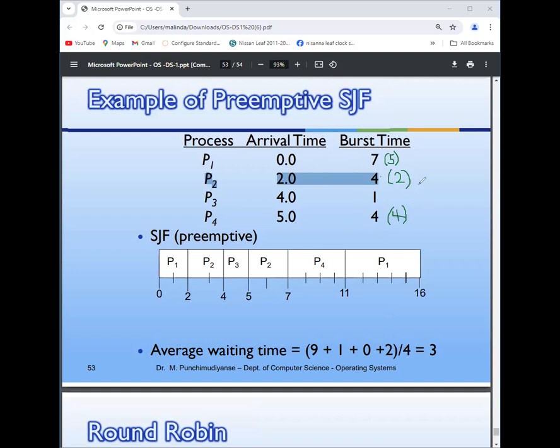So out of these 3, now the shortest one is P2. Because of that, we allow P2 to run, right, from 5 to 7 until it completes.